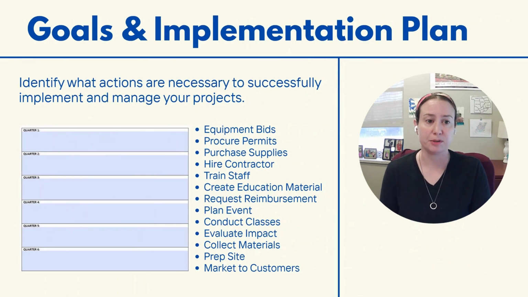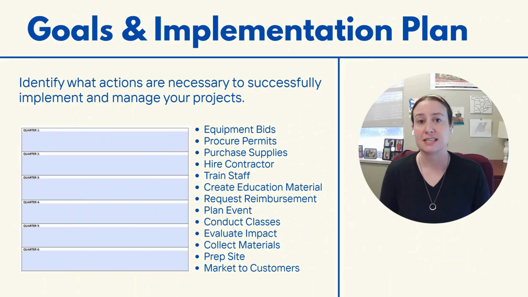Next, you have your goals and implementation plan. If you've been a past grantee with us, this page has kind of changed over time. And it's a little bit broader now, and you're able to customize it a little bit more for what your unique needs are. So you can use this page to identify what actions are necessary to successfully implement and manage your projects.